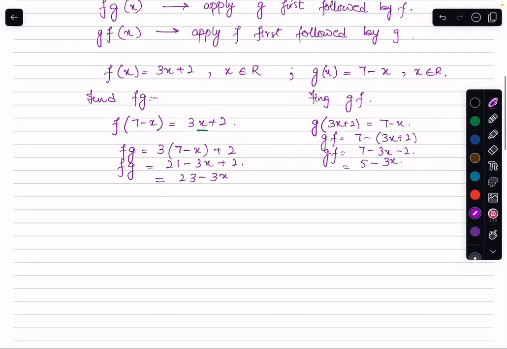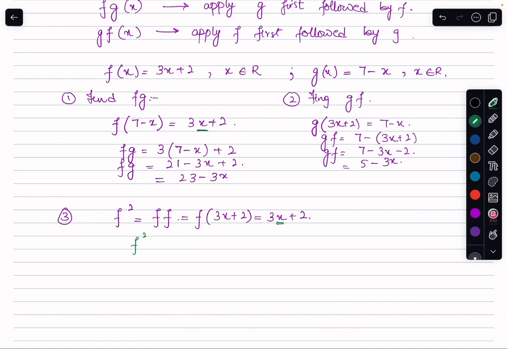This was the first example, this was the second example. Now let's do the third example. Let's say find f squared. So f squared means the function composed with itself, the composite function of 3x plus 2. That means for 3x plus 2, in place of x, I will be substituting 3x plus 2 again.